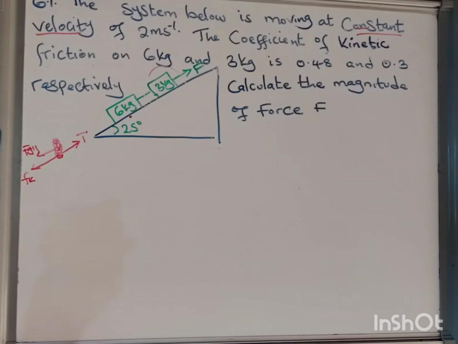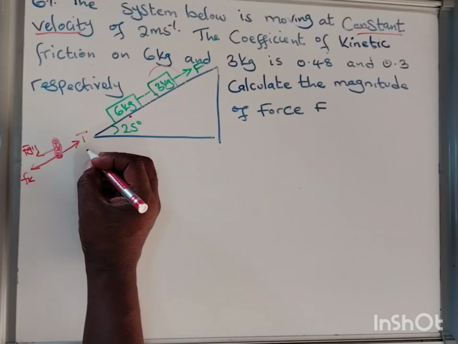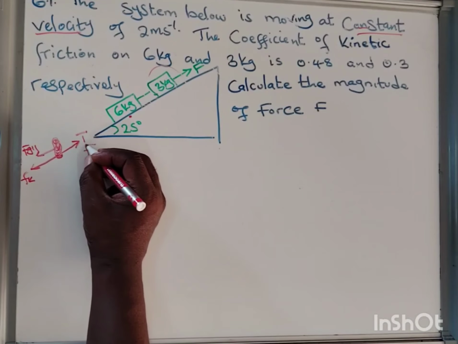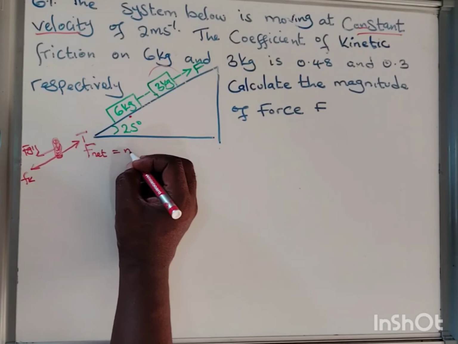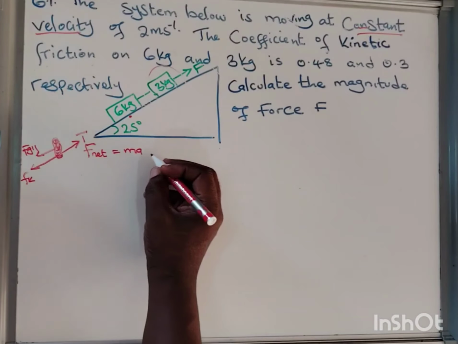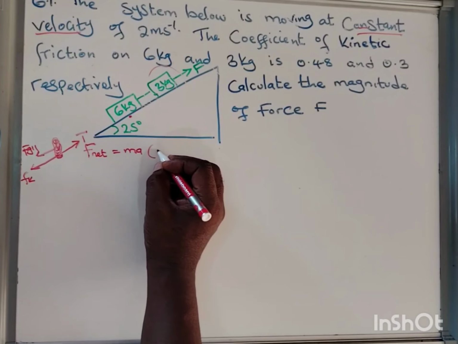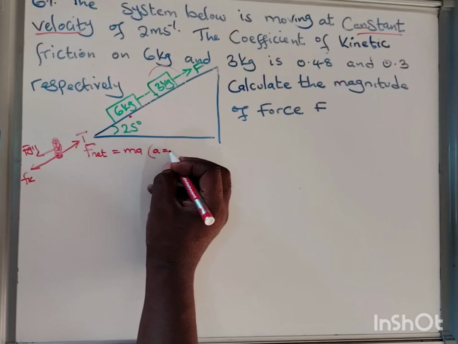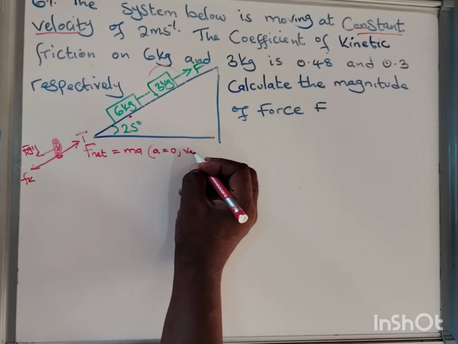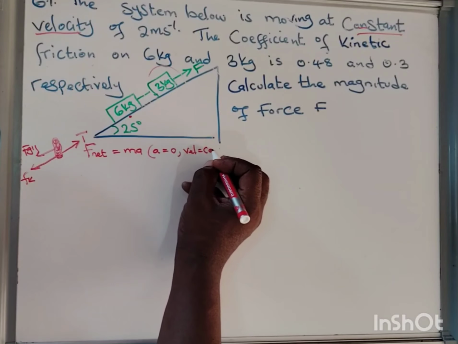From there, our next step is to apply Newton's second law. F net is equal to ma. But here we have to remember that a is 0, because velocity is constant.